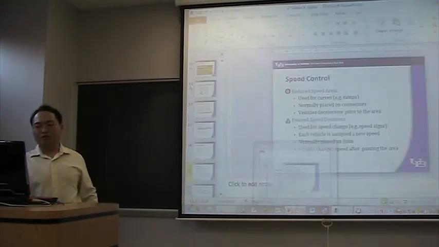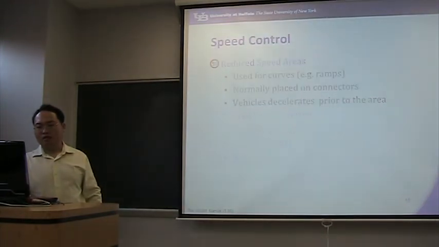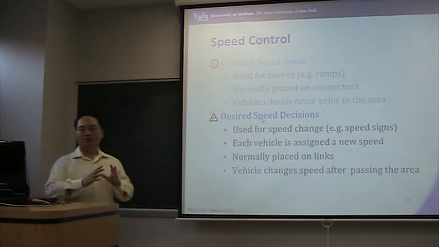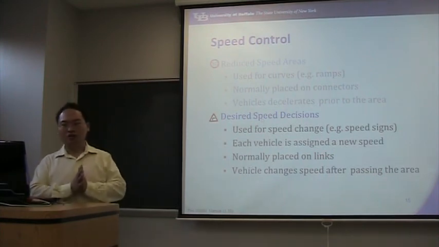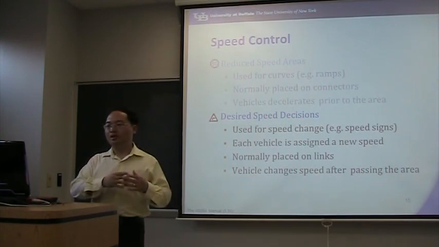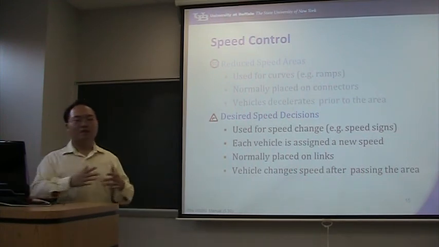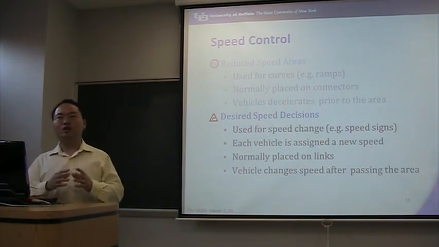Another option for you is called desired speed decisions. And this is not used for ramps, it's used for permanent speed changes. For example, you can represent the speed signs. And after passing this decision point, each vehicle will be assigned a new speed according to a distribution.